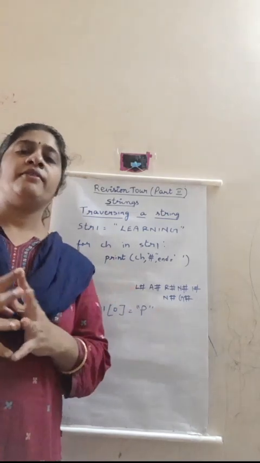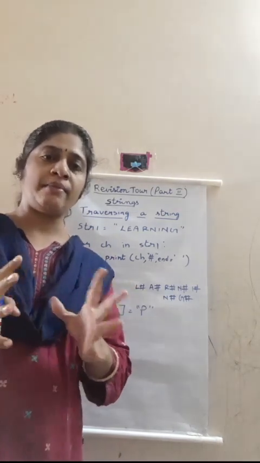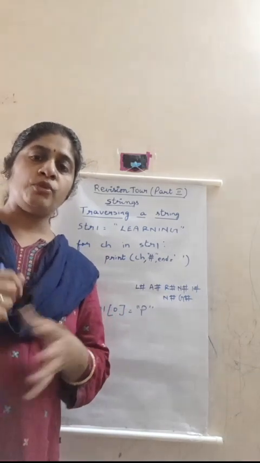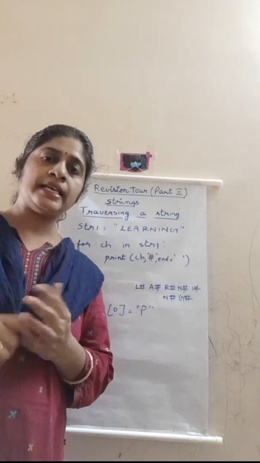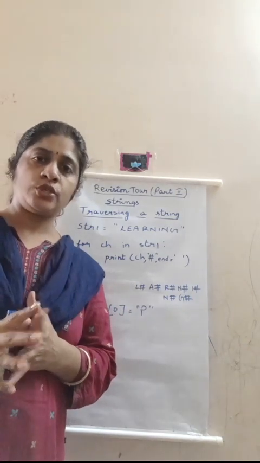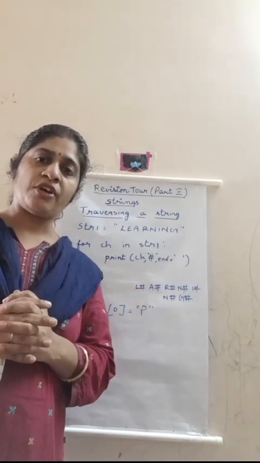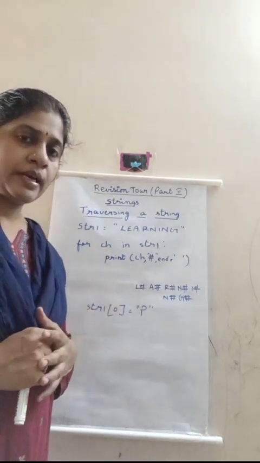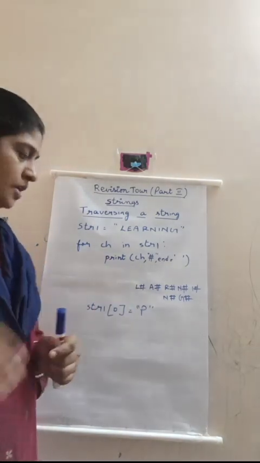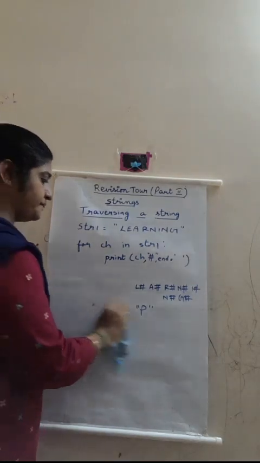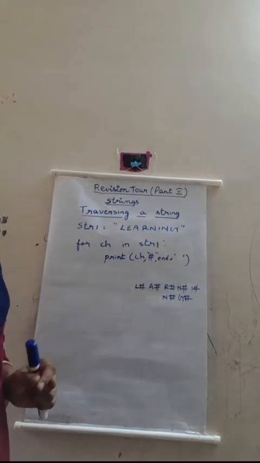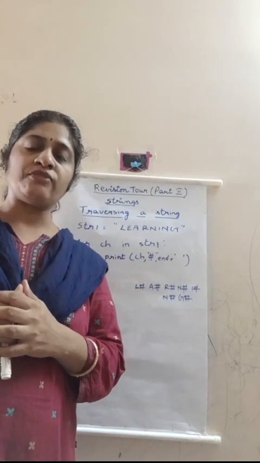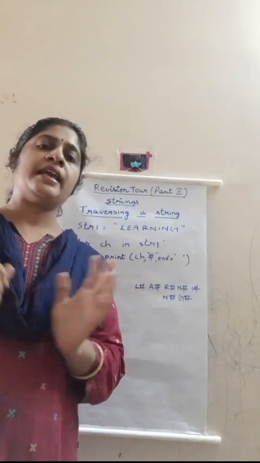So which objects are mutable? Mutable objects are list, dictionaries and sets. You can refer to the video for more information. So this is not possible, so don't do this. This is about traversing a string, and you have to remember that strings are immutable.